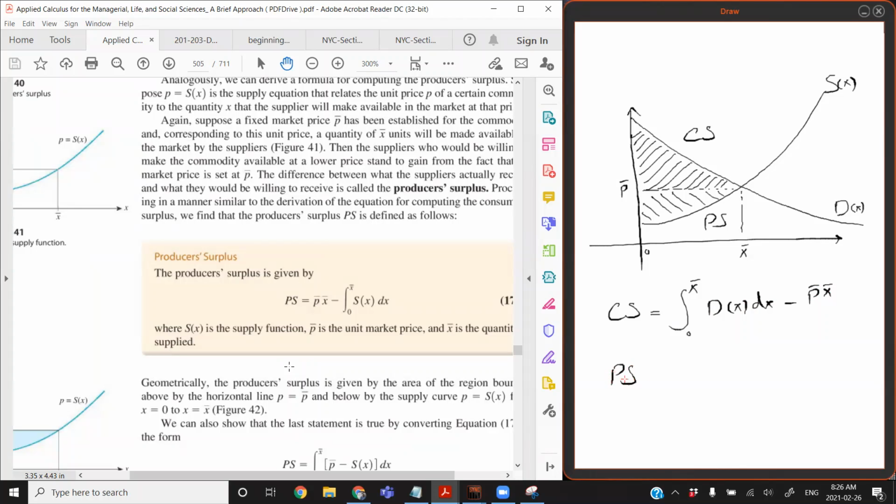And the producer surplus is going to be the area of the rectangle, which is P bar X bar, minus the integral from 0 to X bar below the supply function. Any questions?